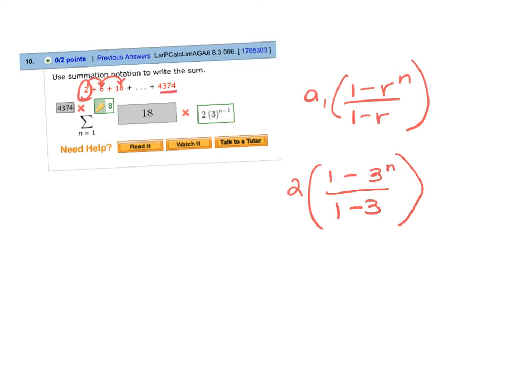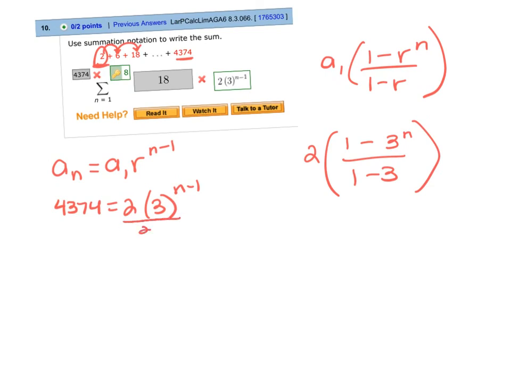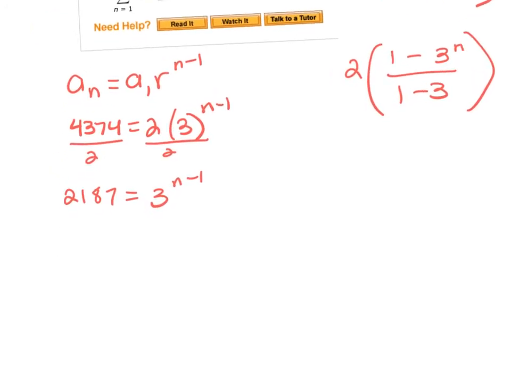So I work my way backwards. If this is A_n and this is A1, let me plug it in. I know R is 3. What I don't know is N minus 1. So I divide both sides by 2. That gives 2,187. Then I have to figure out what power of 3 that is.